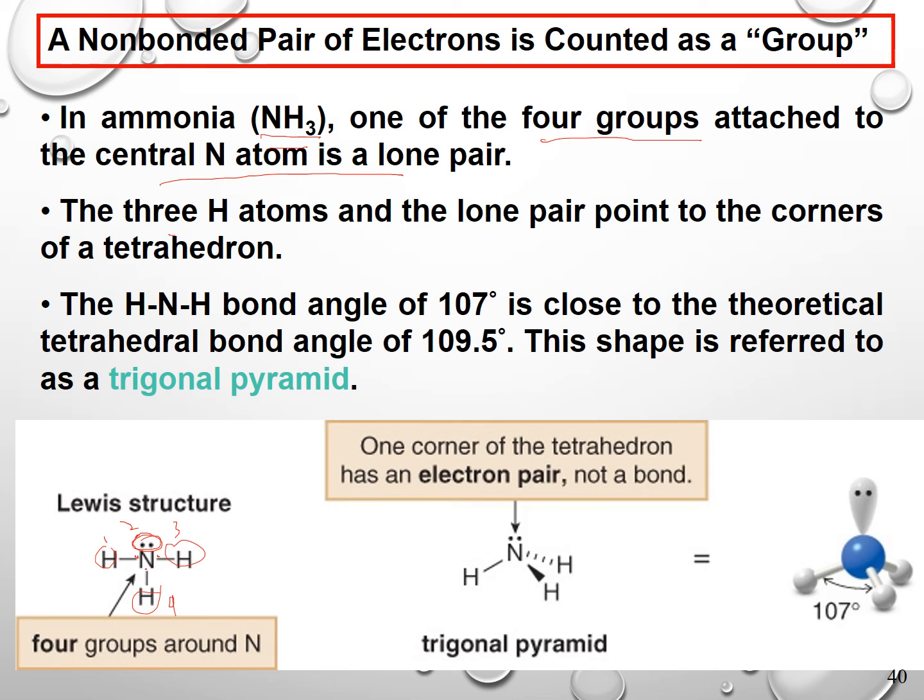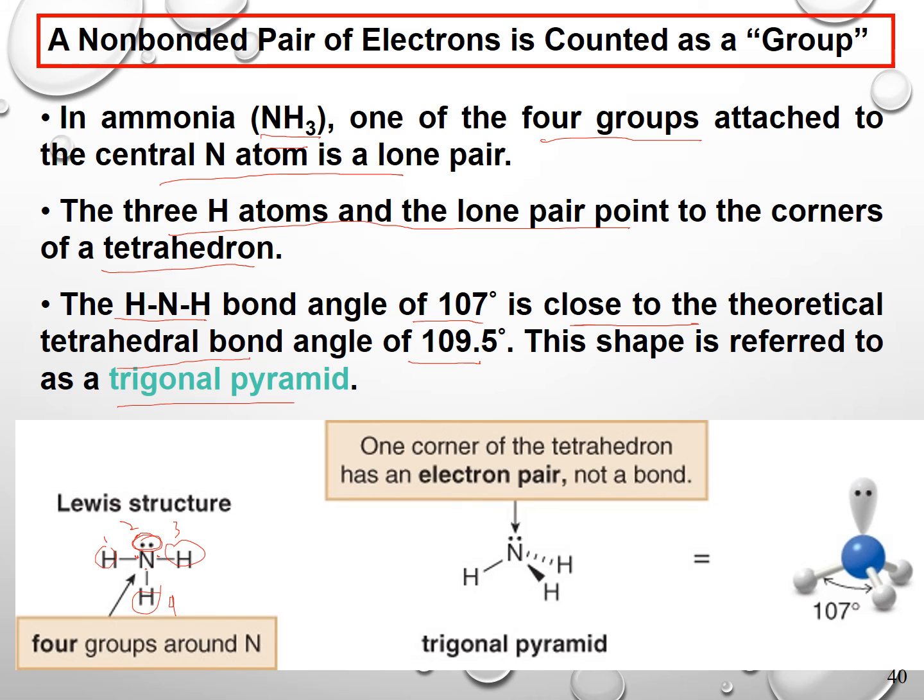Tapi the 3 H atoms and the lone pair point to the corner of a tetrahedron. So sepatutnya kita akan anggap dia sebagai tetrahedron. So the H-N-H bond angle of 107 is close to the theoretical tetrahedral bond angle, which is 109.5 degree. So this shape is referred to as a trigonal pyramid.